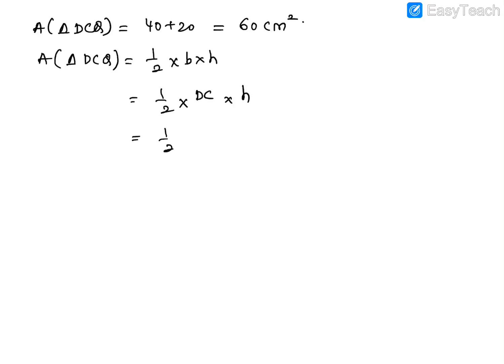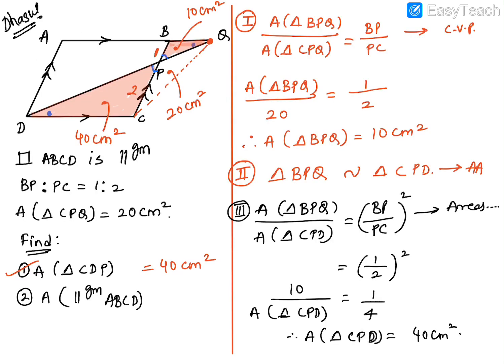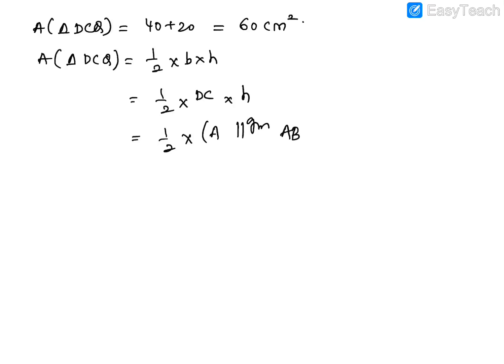Now if you notice properly, DC into height is also equal to area of parallelogram. Base is DC and into height is also the formula of area of a parallelogram. So it will be area of parallelogram ABCD. And what is the area of DCQ? We already found from here 60 centimeters squared. So I'll write here 60. Cross multiply, you will get the area of parallelogram ABCD is equal to 120 centimeter squared. Done.